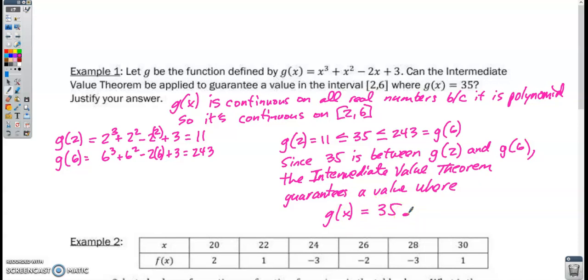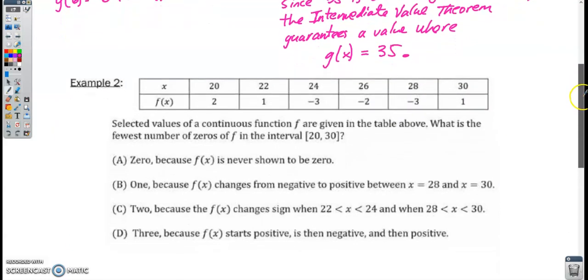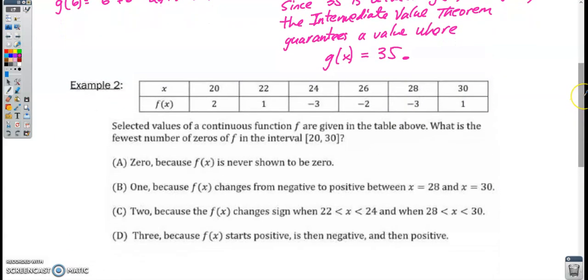All right, because the function is continuous, and because 35 is between the function value at the two endpoints of the closed interval, we're guaranteed that that value must be a value of the function somewhere in that interval.